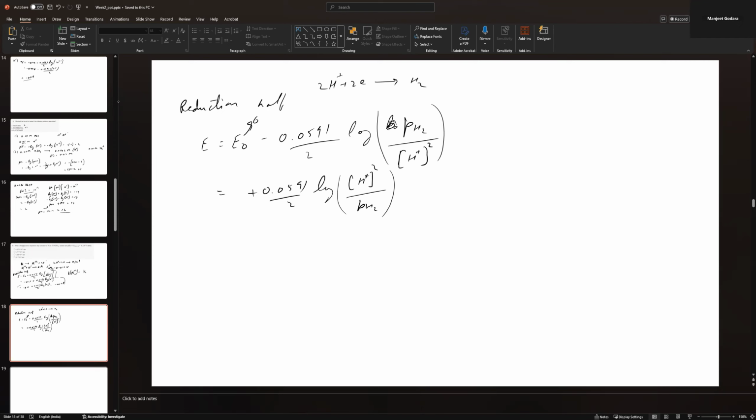So to stop the corrosion, the reduction potential for both the reactions should be equal. Whenever the reduction potentials of both these species become equal, the corrosion would stop.